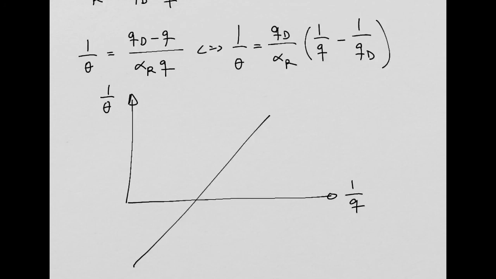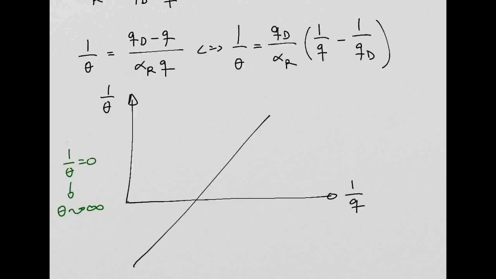So look at this. When in the vertical axis I have 0, when I have 1 over theta equal to 0, this means theta tends to infinity, right? 1 over infinity is equal to 0. Theta infinity is my divergence.